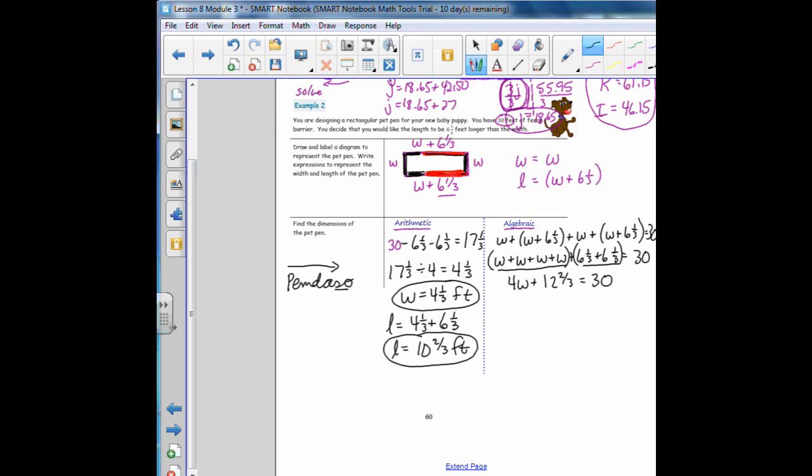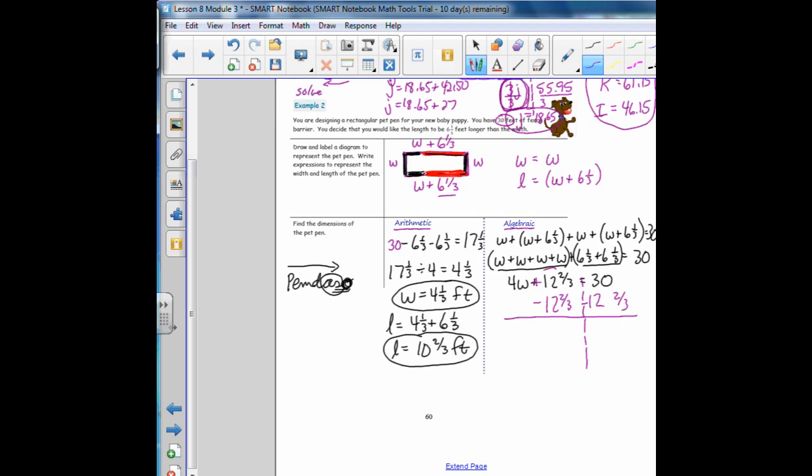Now, when you're ready to solve the equation, you're going the opposite direction, undoing addition and subtraction first, using the opposite operation. So the opposite of adding is subtracting. We're going to subtract 12 2/3 from both sides of the equation. This is an if-then statement. If it's equal to begin with, and you do the same thing with the same operation on both sides of the equation, it remains equal.